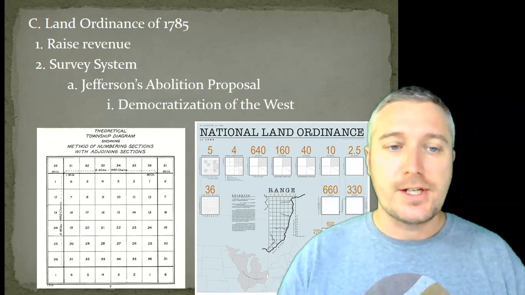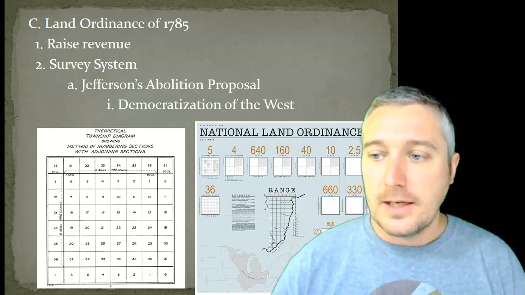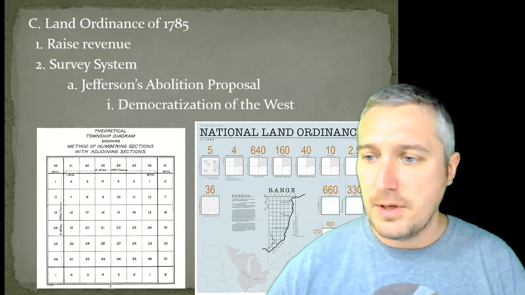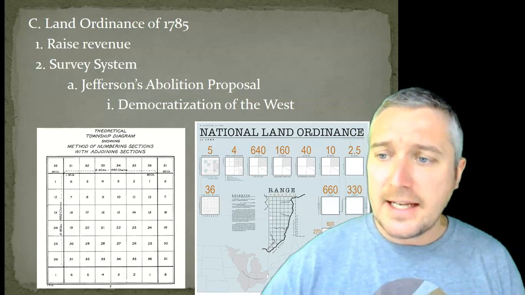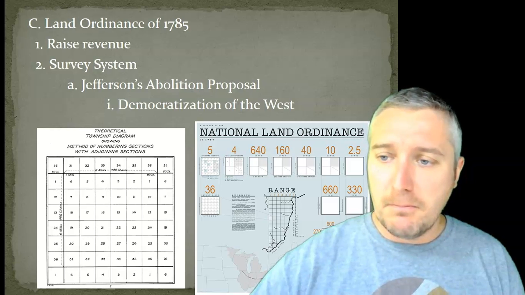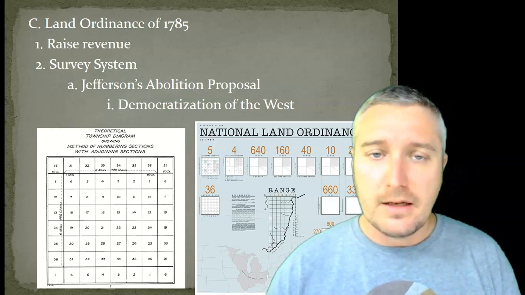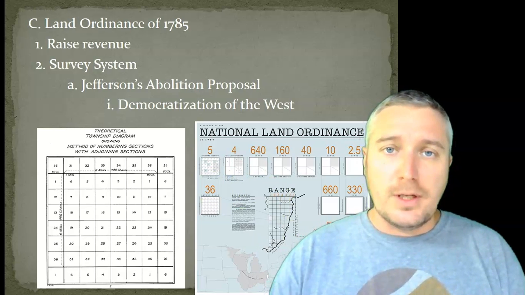So anyways, these are the proposals that Jefferson is including here, not only for the school system, but also the abolition proposal, that is a very important point. Now, I will say that this only partly passes.